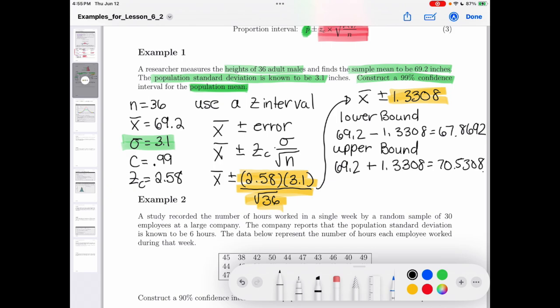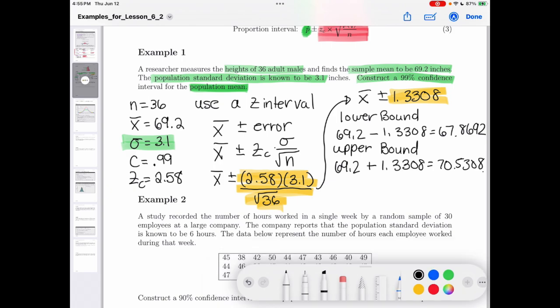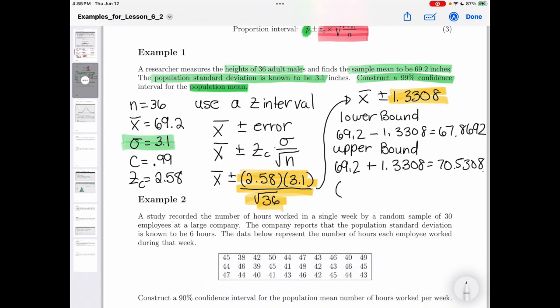Okay, so our confidence interval, if we write it in interval notation and round it to two places, we have 67.87, comma, that's our lower bound rounded, and then 70.53. So there's our confidence interval.